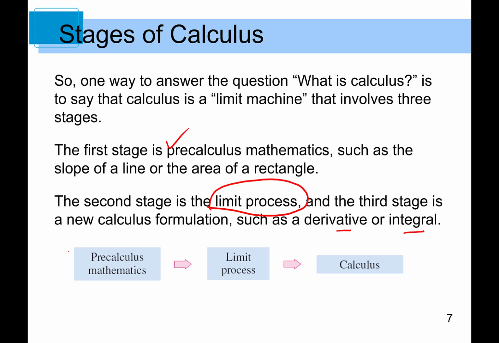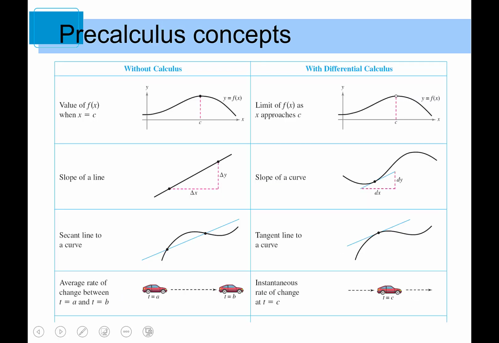So start with pre-calculus as a foundation, then move on to the limit process, and after that, you come up with calculus. This flowchart gives you a very good idea of the relationship between pre-calculus, limit, and calculus.